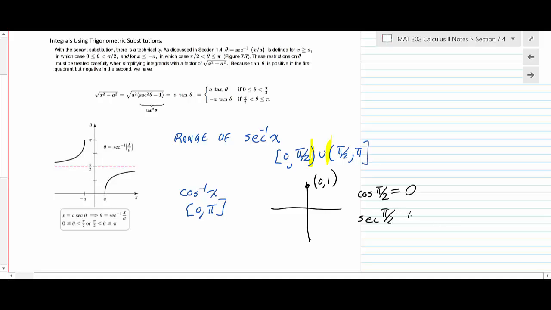It'd be undefined. So since the secant of pi over 2 is undefined, you want to make sure that you pay attention to that if it ever shows up. That's how you write the range of an inverse secant. Any questions?